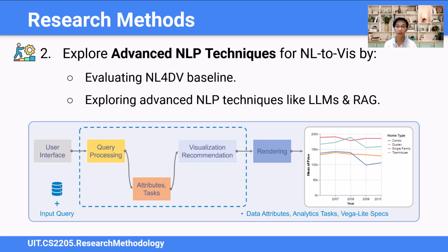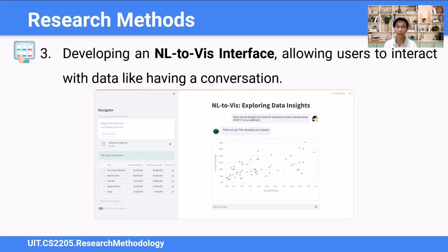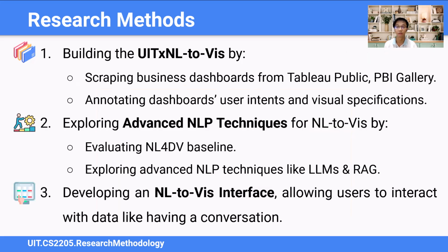For the second goal, exploring advanced NLP techniques, we do it by evaluating the NL-4DB baseline and exploring advanced techniques like LLM or RAG. And at the end, we will develop a user interface for NL-to-Vis, allowing users to analyze data like having a conversation, like what you can see here, what we have already achieved.